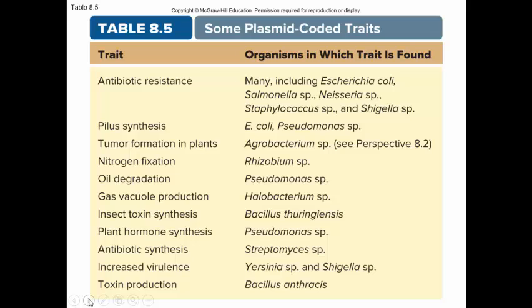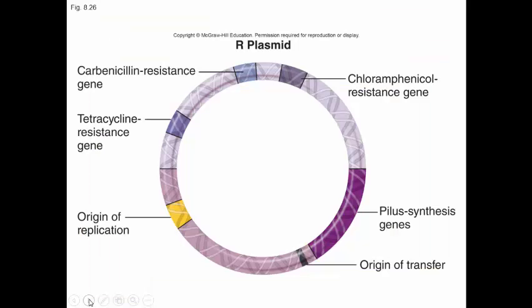Okay, now, R plasmids confer resistance traits to many different heavy metals and antimicrobials. Many plasmids are composed of two parts: the resistance genes, the R genes, and the resistance transfer factor, which codes for transfer of the plasmid to other bacteria.